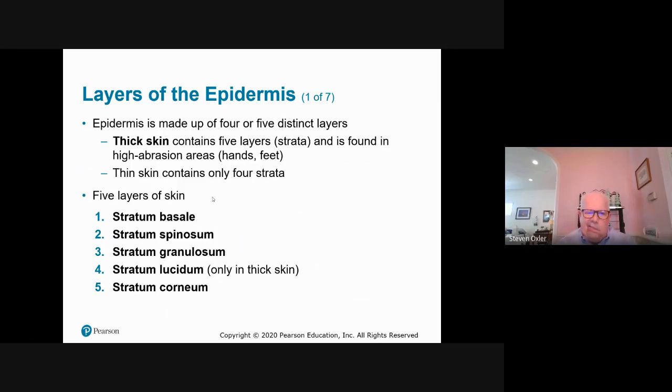The 5 layers of the skin are stratum basale, stratum spinosum, stratum granulosum, stratum lucidum, and stratum corneum. I want you to know that the majority of skin has 4 layers, but in thick skin, there is a 5th layer, and that 5th layer is stratum lucidum. And you know I'm going to ask you that question on exam number 2.